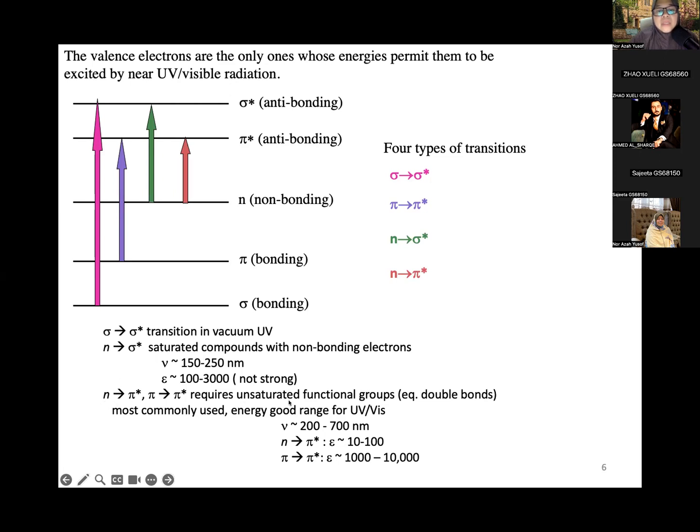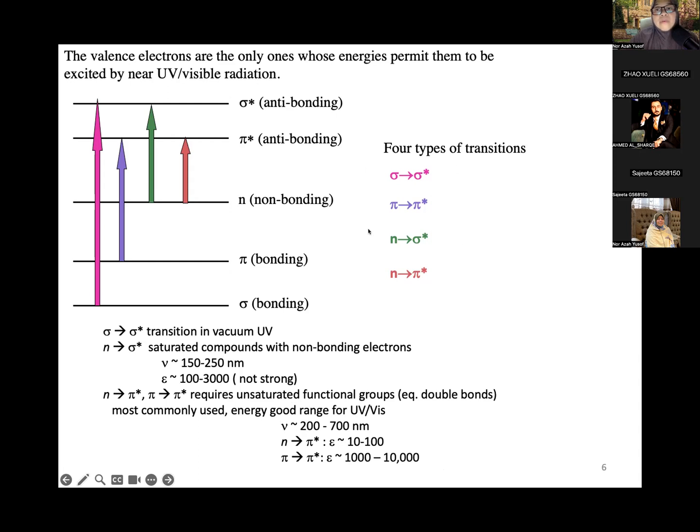Whereas for unsaturated compounds, with a minimum of a double bond, or you can have a triple bond, the electron is free and, of course, easier to excite, to be excited.